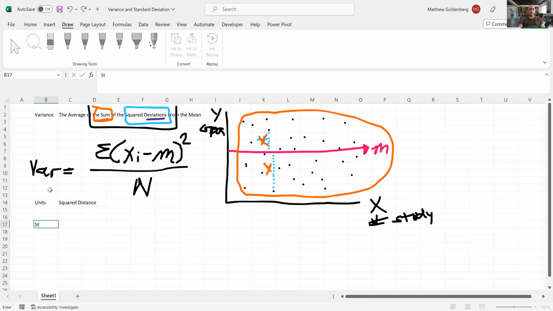Now let's get the standard deviation. Actually, first, before we do that, let's get the sample variance. We've discussed population variance here. What sample variance really is, is you're just changing this bottom denominator figure, and you're changing it to a term called n minus 1.